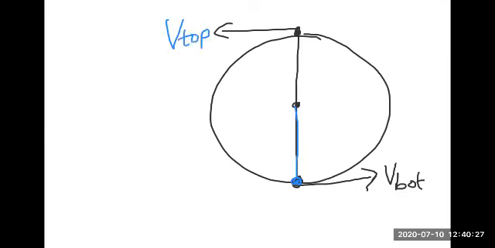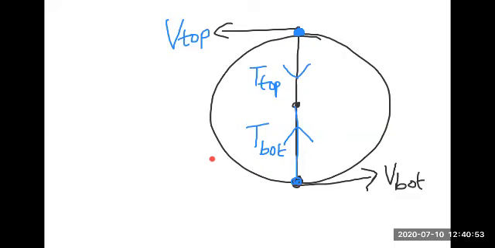One more thing, the tension always acts towards the point of suspension. We know the tension at the bottom is T bottom. When the object is at the highest point, the tension in the string is T top. So we are connecting a stone to a string and it is moving in a vertical circle.